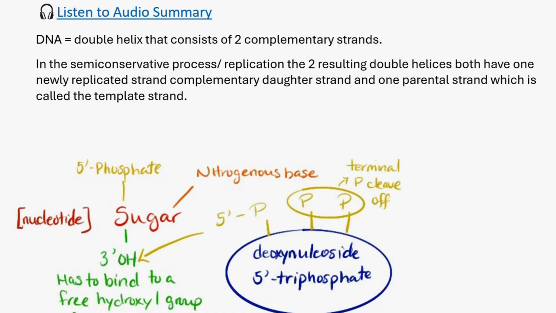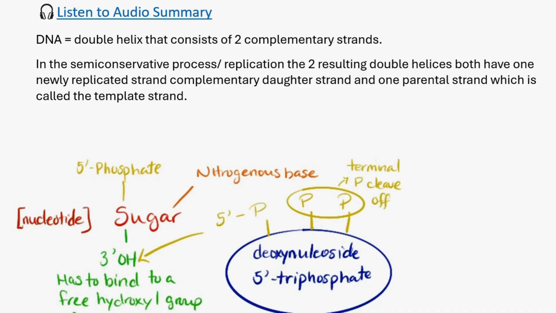During replication, DNA follows a semi conservative model in which each of the two resulting double helixes contain one parental strand and one newly synthesized daughter strand. The original strand, also called the template strand, guides the synthesis of the complementary strand, preserving the genetic code.